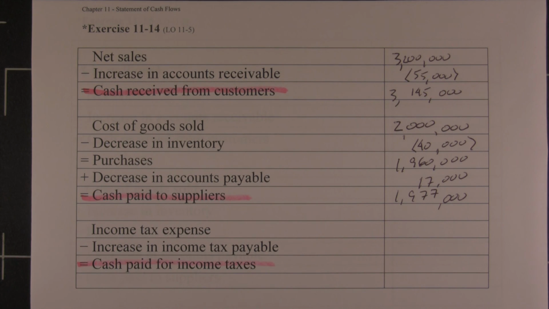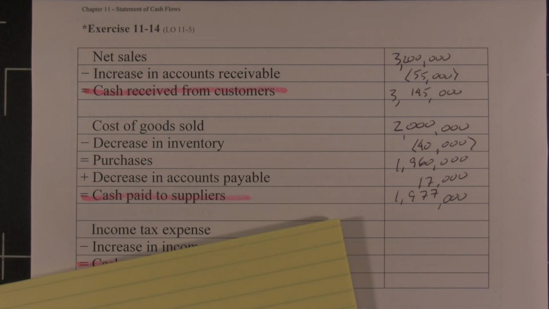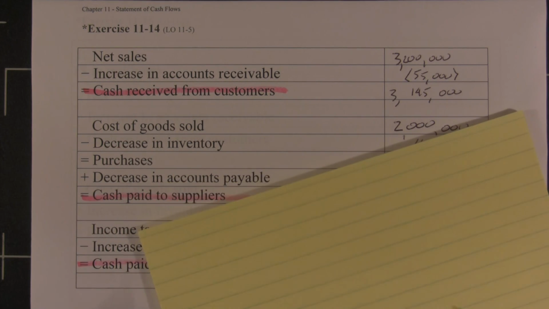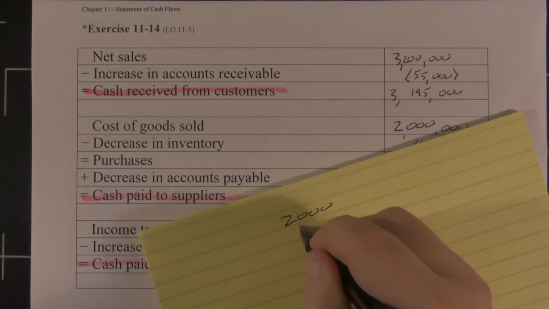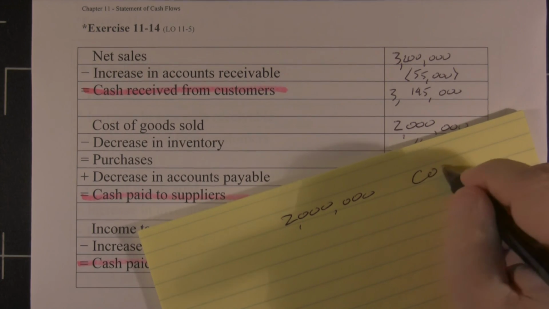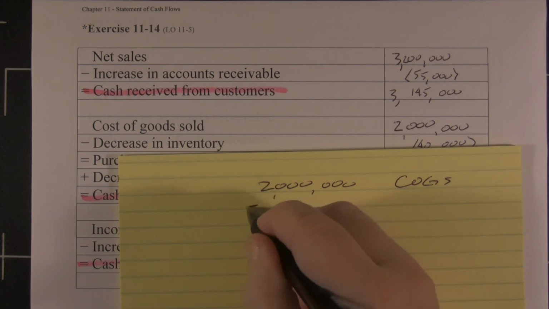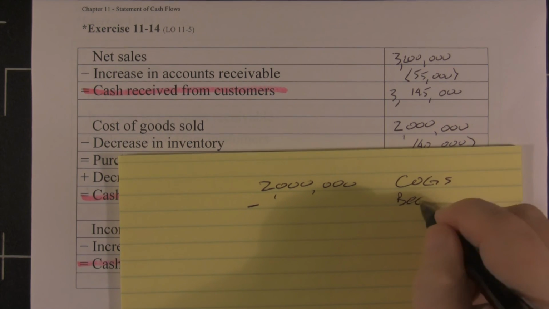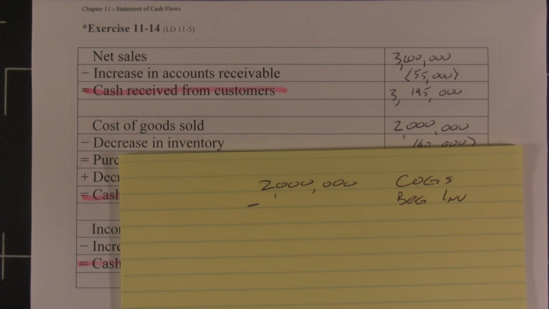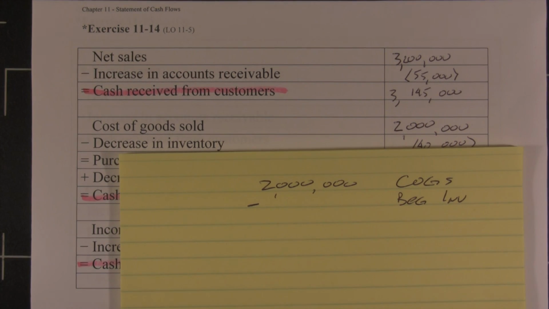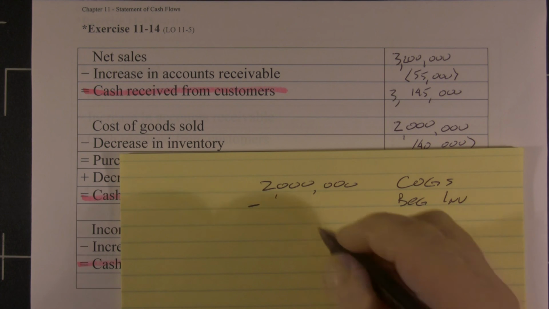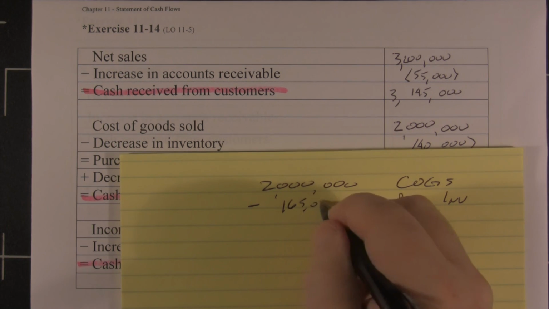Now let's take a look at my down and dirty I ain't that bright method, and I think you'll find in this case it's easier. We have $2 million in cost of goods sold. Now that cost of goods sold includes our beginning inventory and our ending inventory. Our beginning inventory we paid for last year. So we're going to subtract the beginning inventory because we paid for that the year before. And if we take a look, our beginning inventory was 165. So we subtract that.